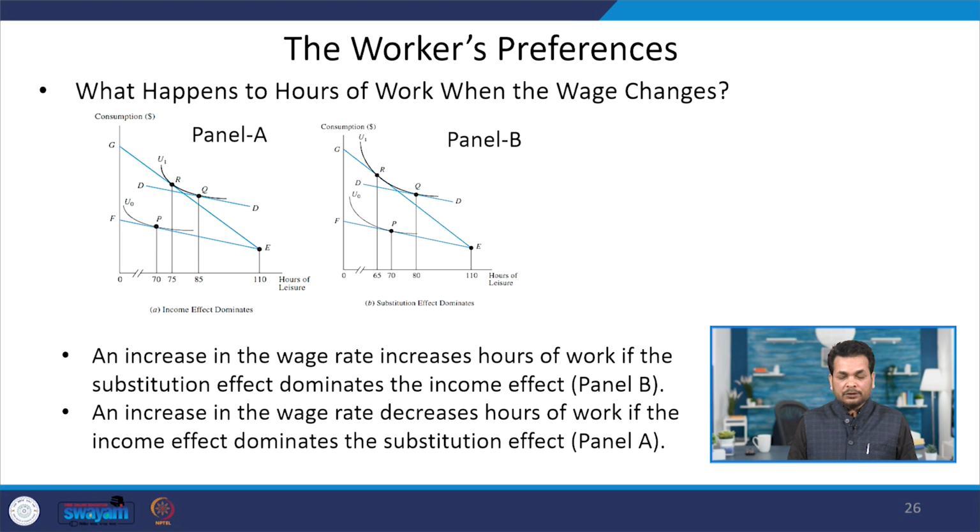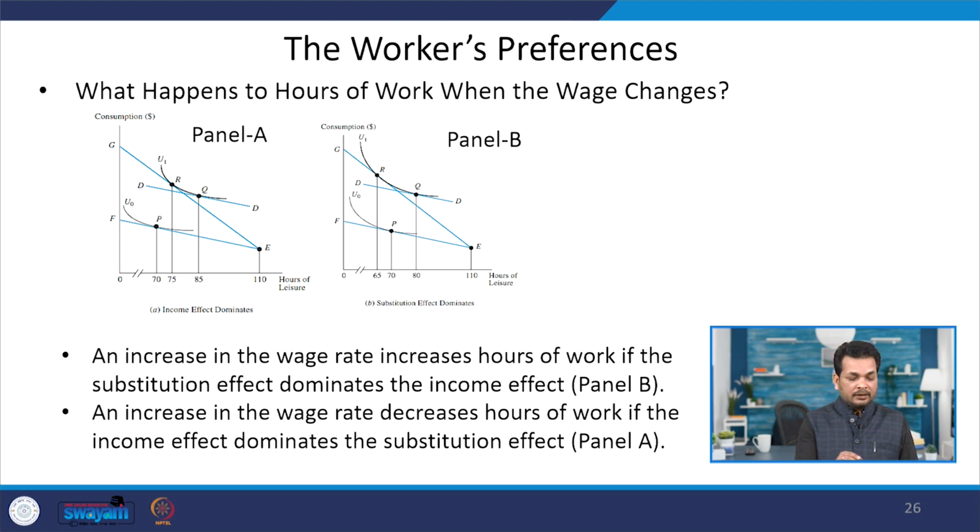When we compare these two panels, we are getting contradictory results. In panel A, the income effect dominates over the substitution effect, whereas in panel B, the substitution effect dominates over the income effect.